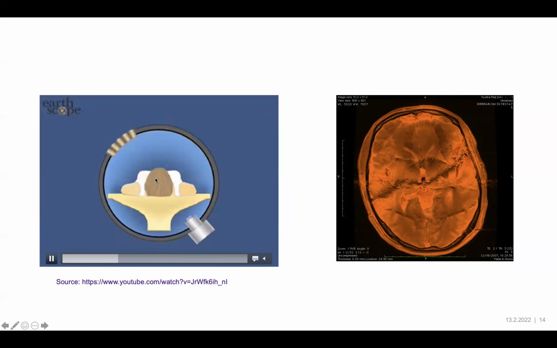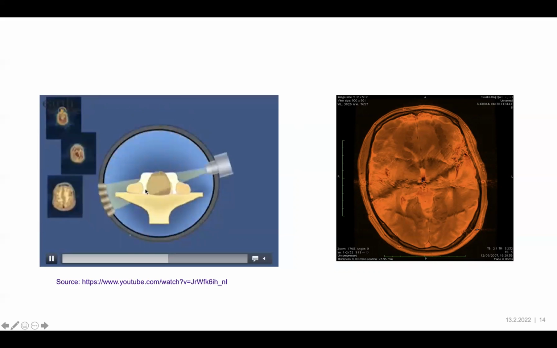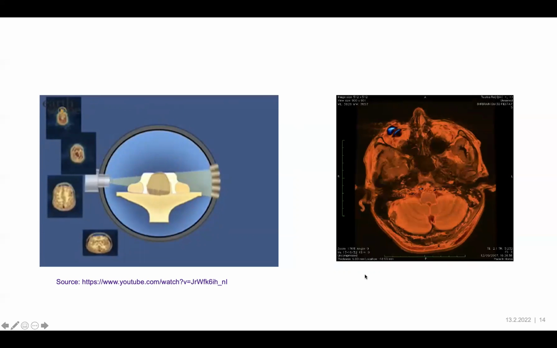In this way, you can collect slices or images at different angles, the entire 360 degrees. This helps you collect a series of slices, which can be stitched together, and then you can build a three-dimensional structure. The same is also true in MRI.